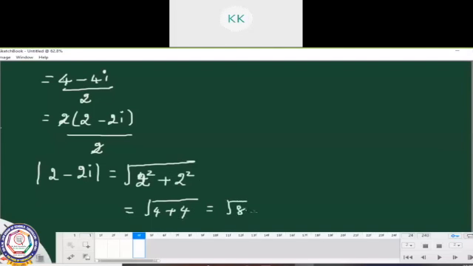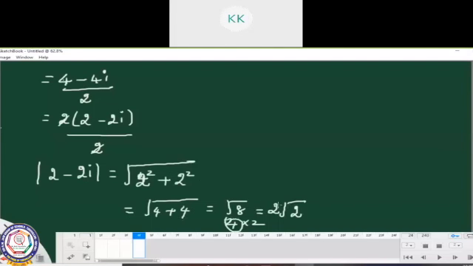You can take 4 commonly out, and take it out of the root, it becomes 2 root 2. 4 2s are 8. So its value is 2 root 2.